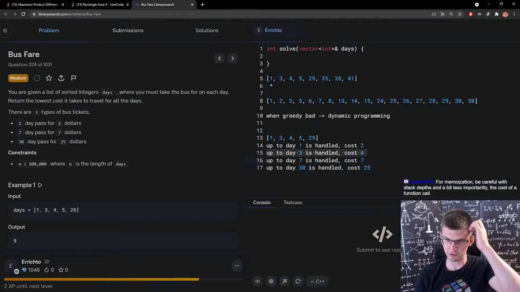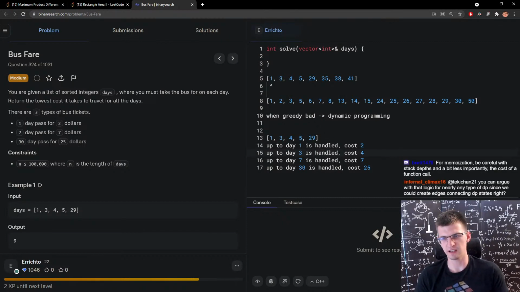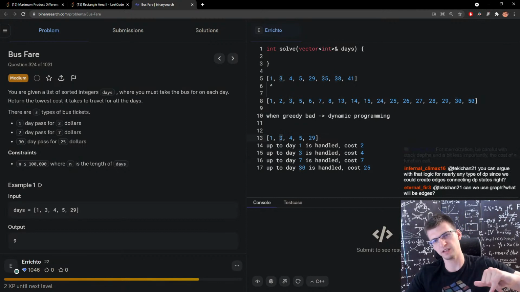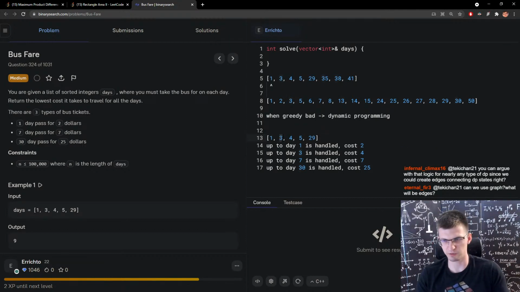Well, if I used a 1-day pass on the first day, then comes day 3, and I can also handle it with a 1-day pass, and then everything from day 1 up to day 3 is satisfied. Like I paid for those days, and the cost so far is 4. That's some possibility. Depending on what the future days are, maybe this is optimal. But also we can start here with a 7-day pass, then everything up to day 9 will be handled with a cost of 9 or something like that.